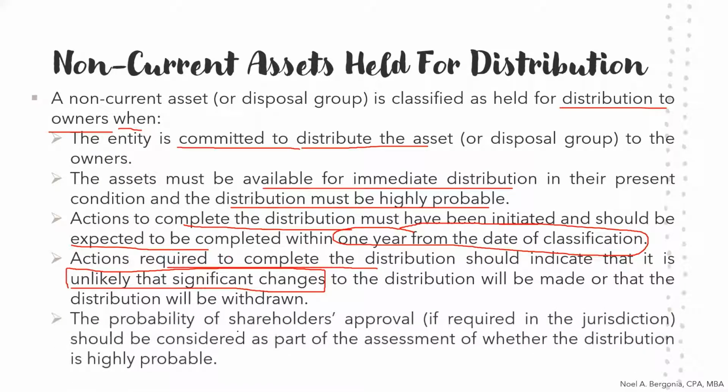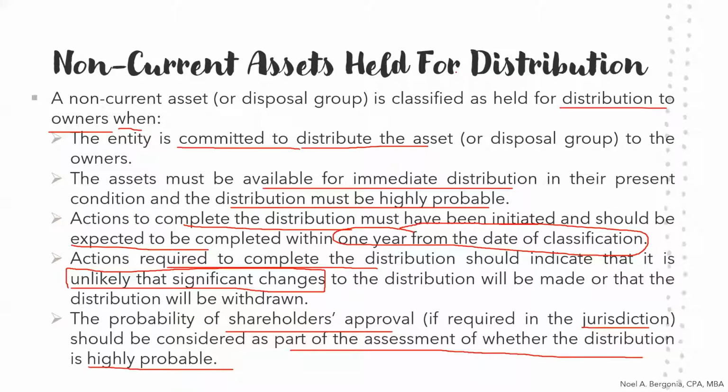And the probability of shareholders' approval, if needed based on management's discretion or jurisdiction, could be considered part of our assessment for the distribution to be highly probable. So that's it.